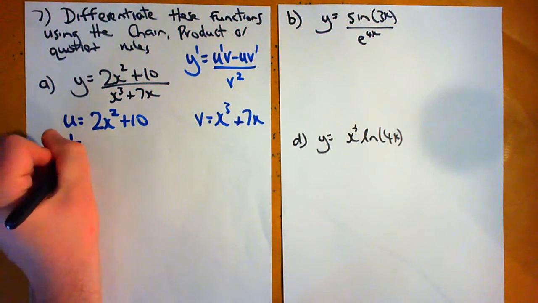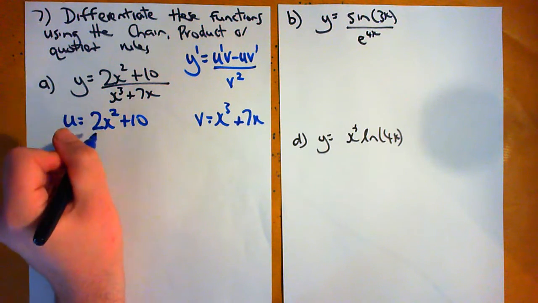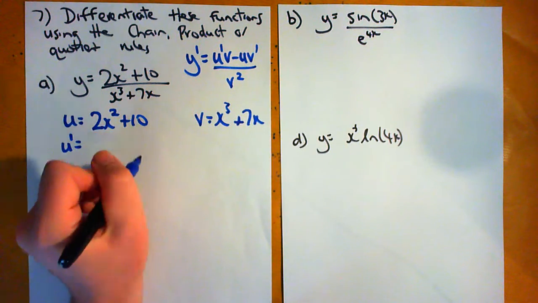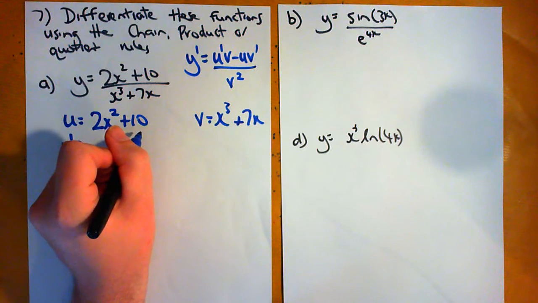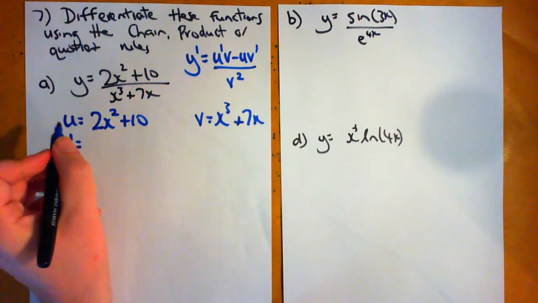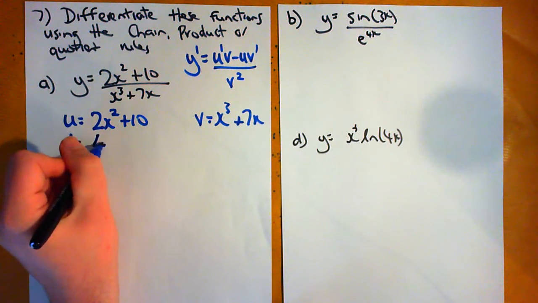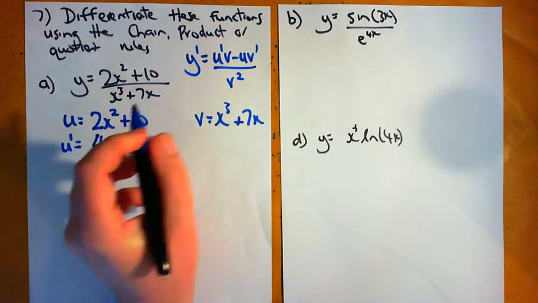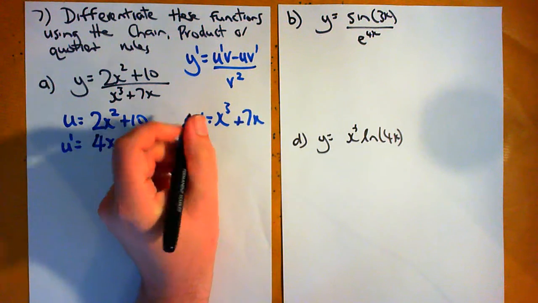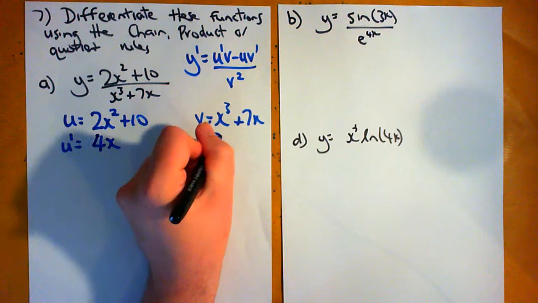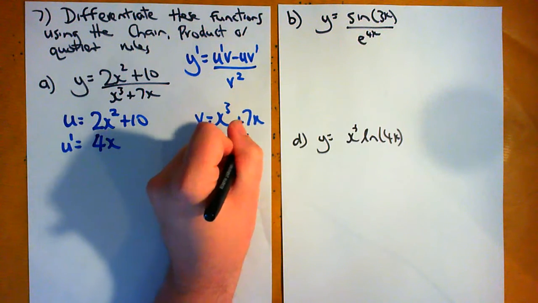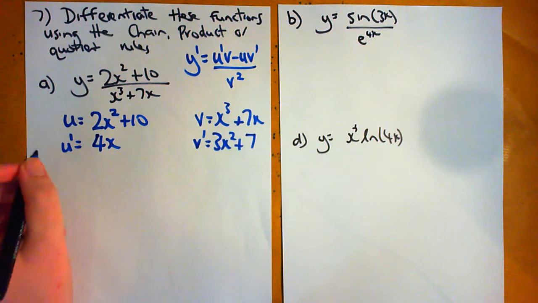And we need to differentiate both of those. 2x squared plus 10, well, there's no contribution coming from the plus 10. It's only the 2x squared that will give us a derivative, which is 4x. And v dash is going to be: differentiate x cubed, we get 3x squared, plus 7x differentiates to 7.